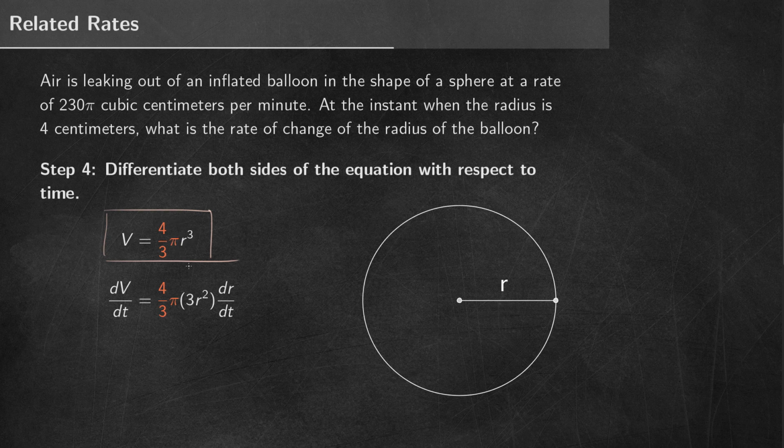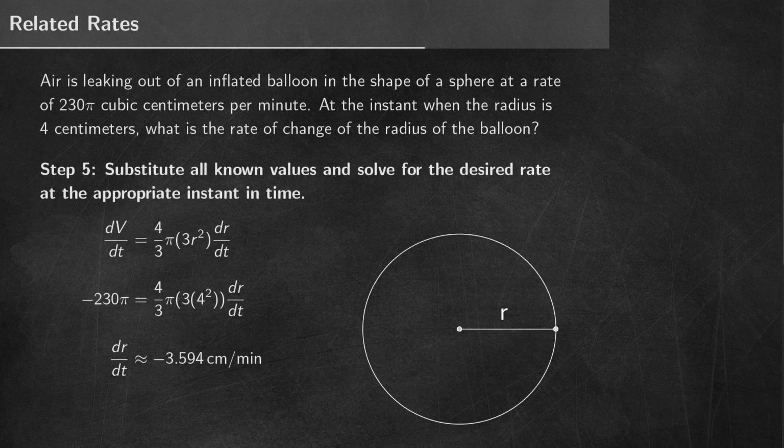So the derivative is going to be 4/3 pi times the derivative of r cubed. The derivative of r cubed is 3r squared times dr dt. So now I have a derivative equation that relates my two rates. I've got a dV dt and I've got a dr dt.